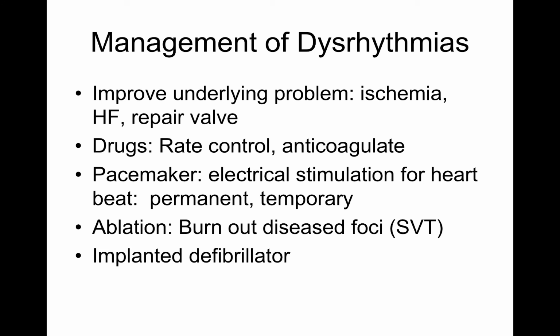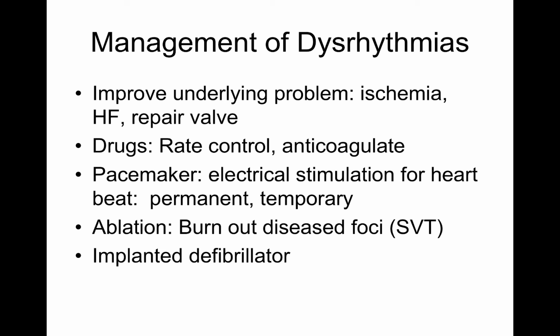So typically with any dysrhythmias, we try to improve and identify the underlying problem, whether it's ischemia, heart failure, or a valve problem, and so forth. We can do drugs that control the rate, and we do anticoagulation for atrial fibrillation.